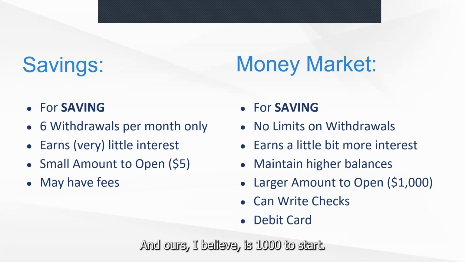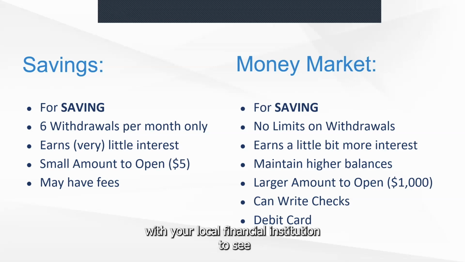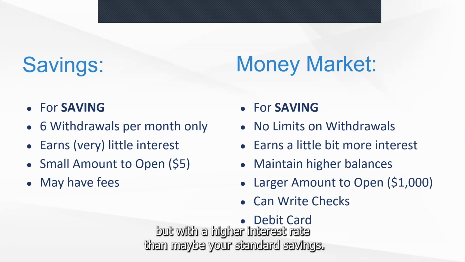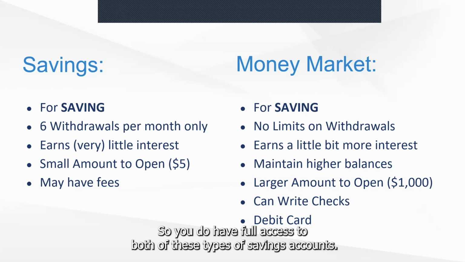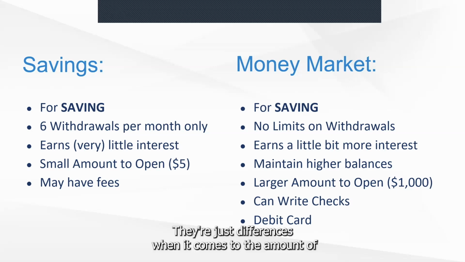And ours, I believe, is $1,000 to start. So you'd want to check with your local financial institution to see what their requirements are for a money market if you are looking for access to your cash when you need it, but with a higher interest rate than maybe your standard savings. So you do have full access to both of these types of savings accounts. They're just differences when it comes to the amount of interest you're earning and how you can access that.